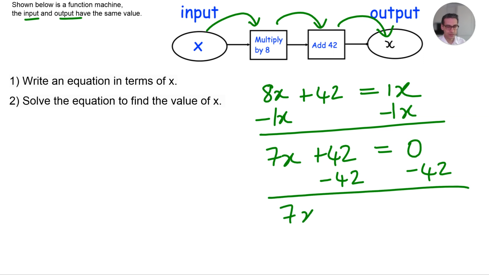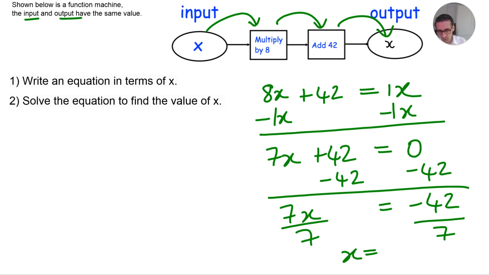So 7x equals negative 42. We're going to divide by 7. So x is equal to negative 42 divided by 7, which is negative 6. So your answer is x equals negative 6.